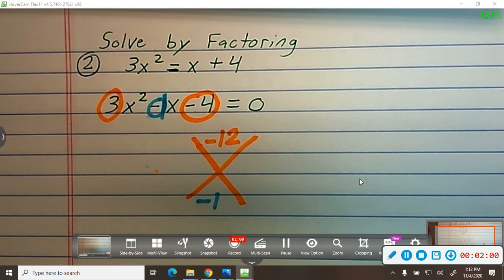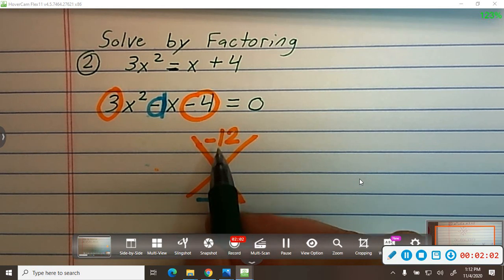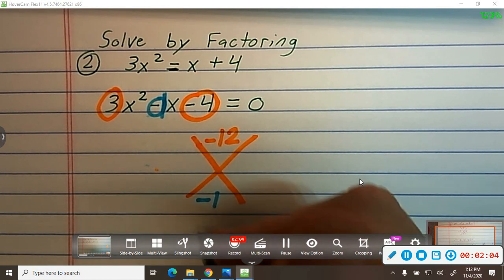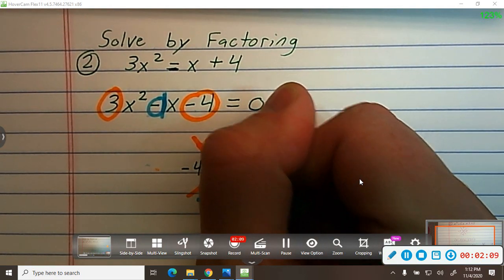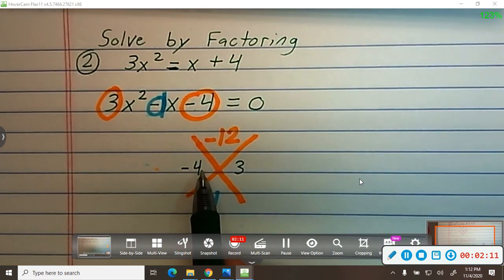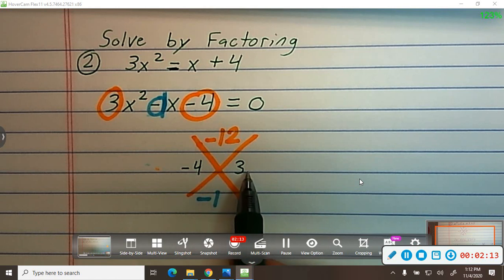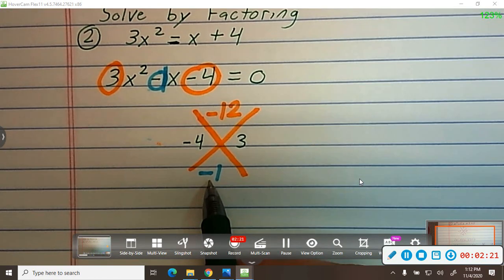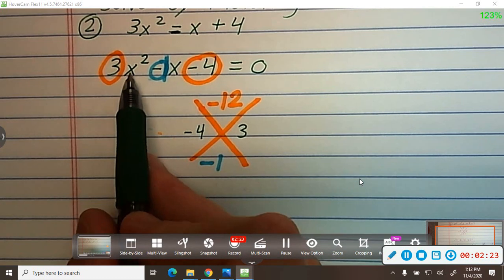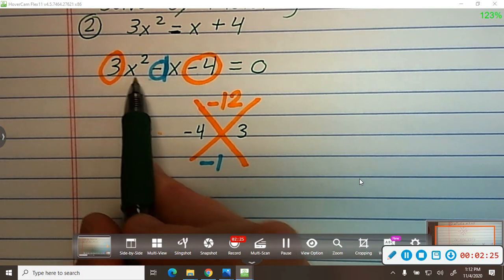So what multiplies to negative 12 but adds to negative 1 is negative 4 and positive 3. Negative 4 times positive 3 is negative 12. Negative 4 plus 3 is negative 1. So I can write my factors as x minus 4, x plus 3.